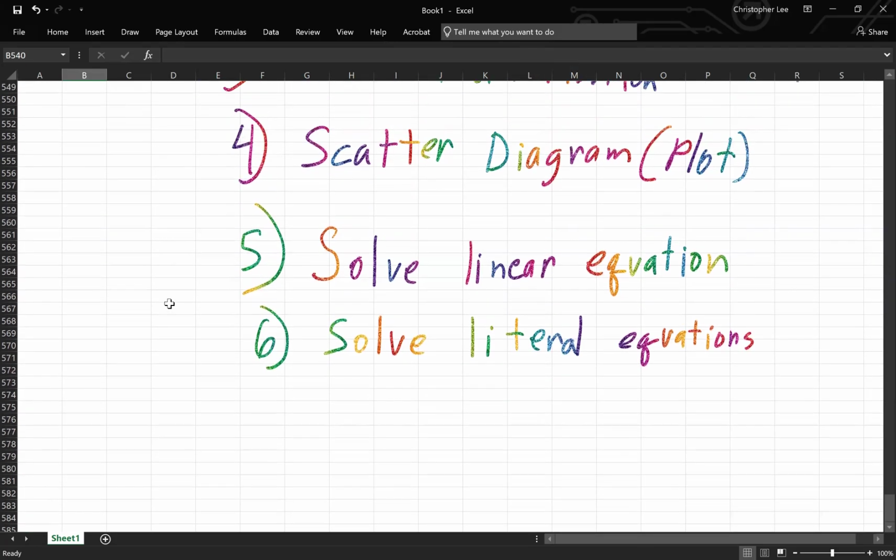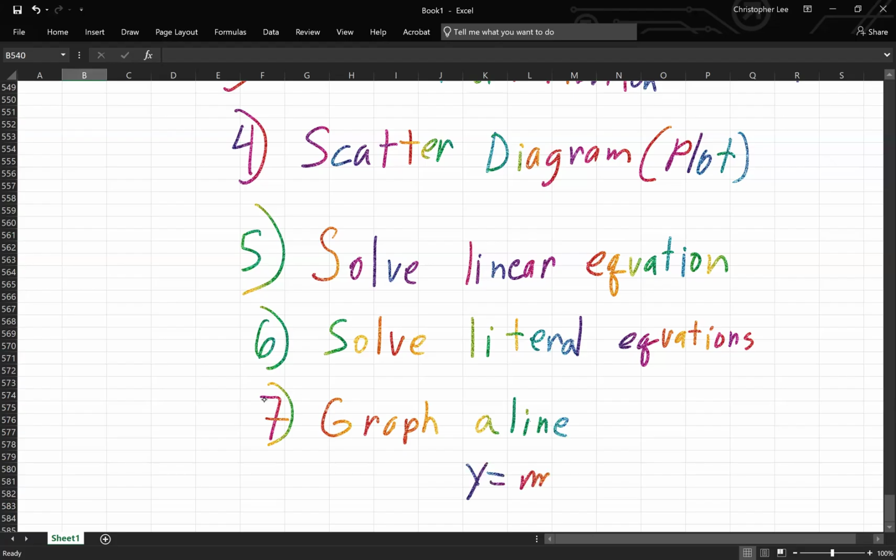Graph a line. So like the equation of a line, y equals mx plus b, that kind of thing. We did look at the graphs.